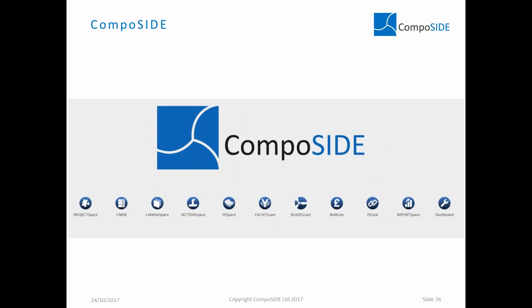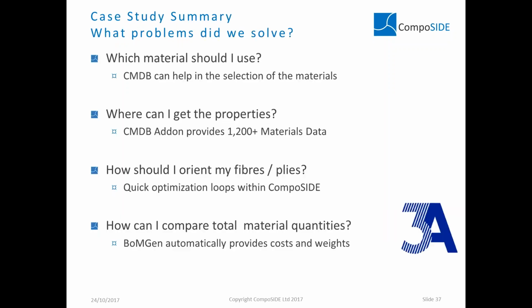The integrated approach allows upstream modifications to be propagated downstream in the project, making it easy and quick to perform multiple optimization loops. So if you remember some of the questions that Sam posed at the beginning of the webinar. Which materials should I use? CMDB is the main key in this.